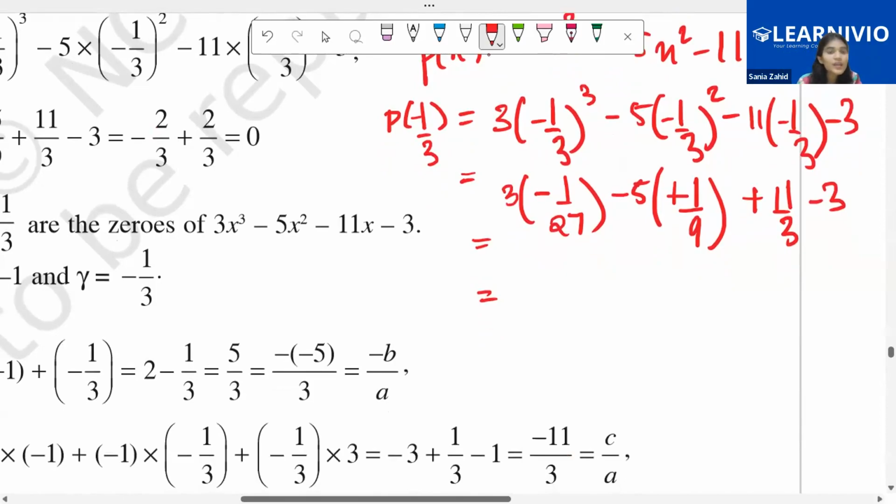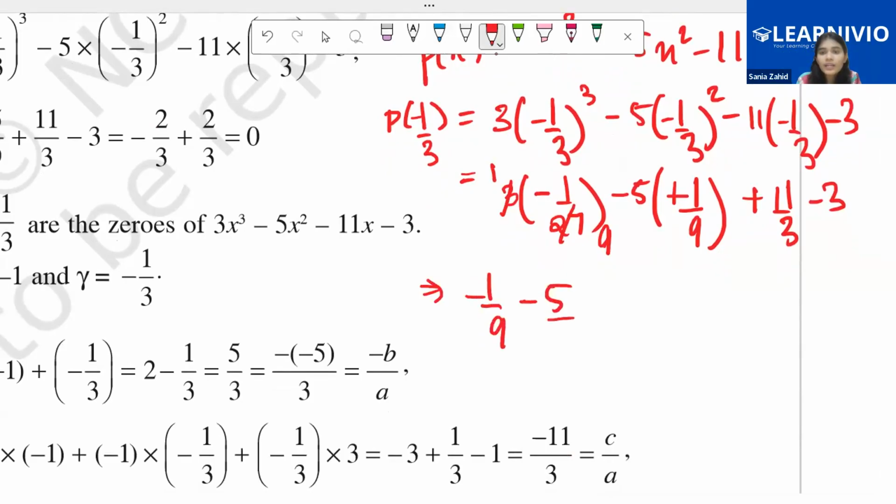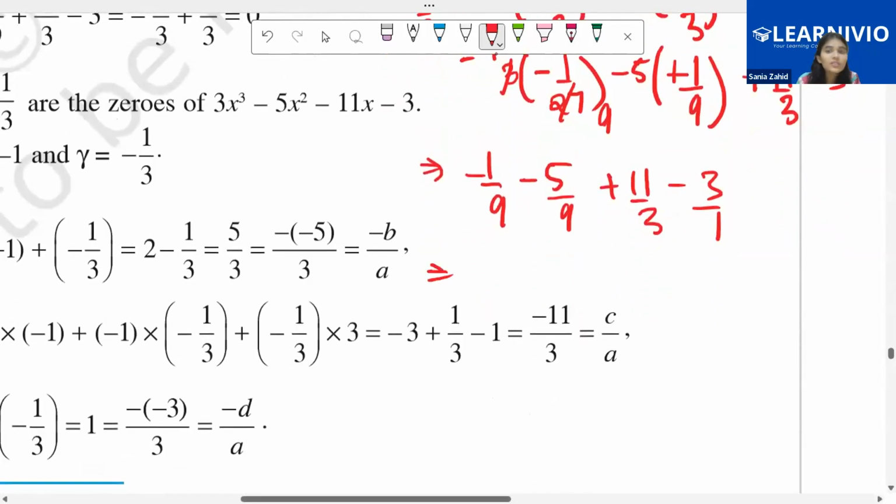Next we have, okay, now I'm going to cancel out 3 and 27. So I have 3 into 1 time and 3 into 9 time is 27. Okay, you're going to cancel out 3 into 9 times. So I get -1 by 9, minus 5 by 9, plus 11 by 3, minus 3 by 1. Okay, now I'm going to find the LCM of everything.